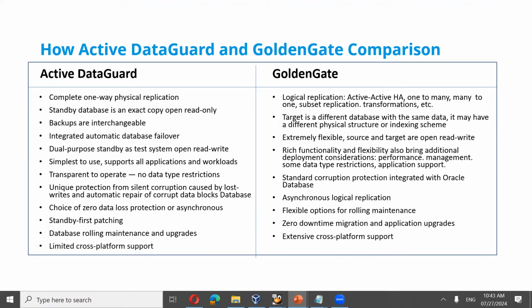In case of disaster, say for example, your target is down, there is some power failure, flood, or any other thing, you can switch over your target to primary. But GoldenGate is much more than that. Apart from disaster recovery, you can use it for business intelligence, data warehousing, data broadcasting, multiple things.